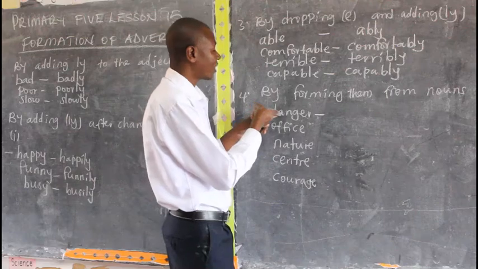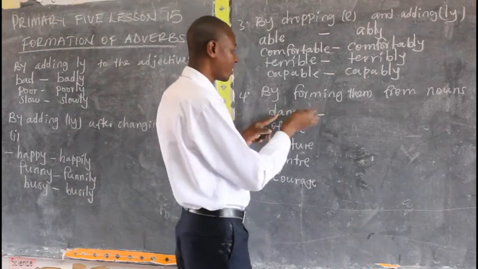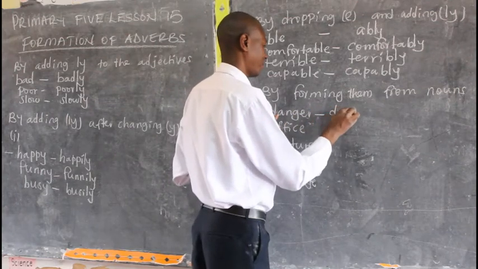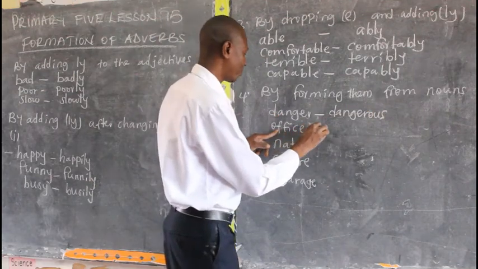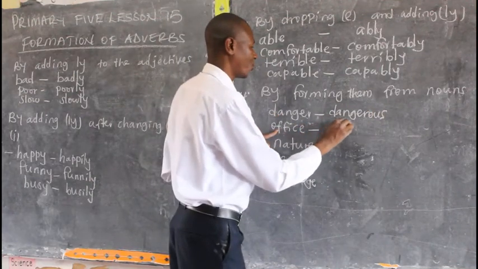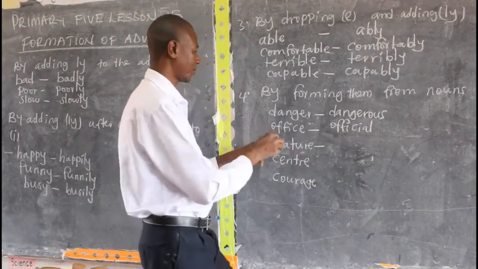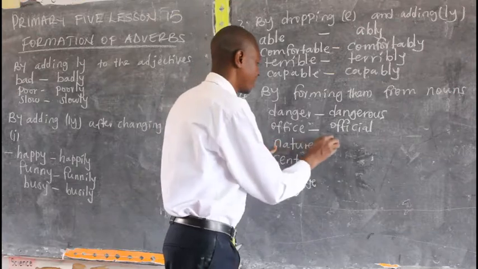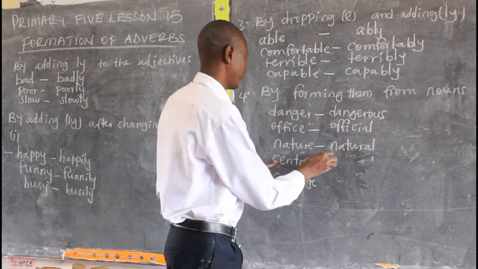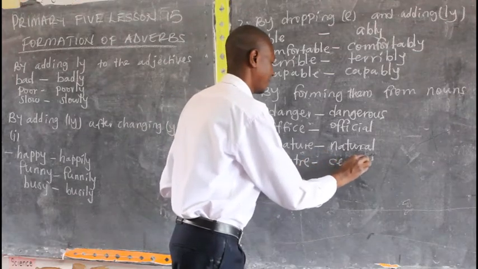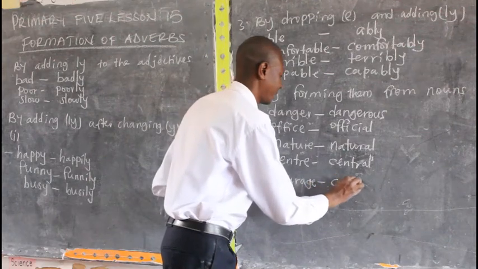The adjective formed from danger is dangerous. The adjective formed from office is official. The adjective formed from nature is natural. The adjective from center is central. Then from courage is courageous.